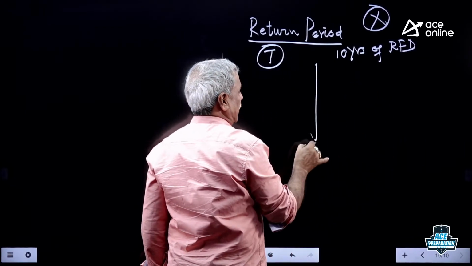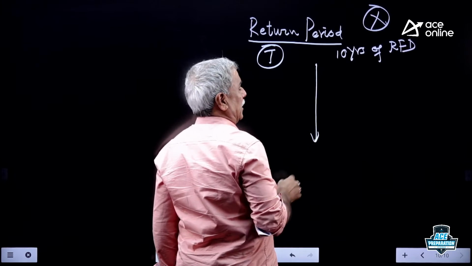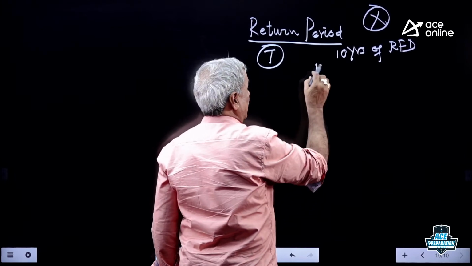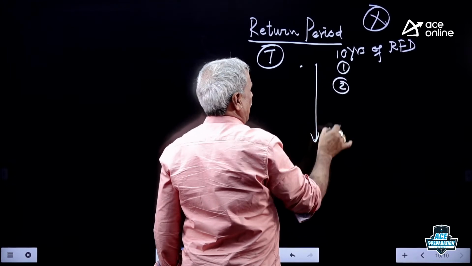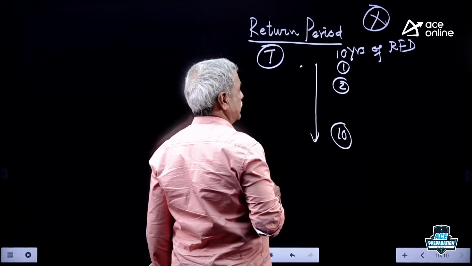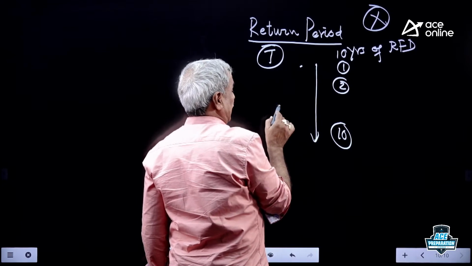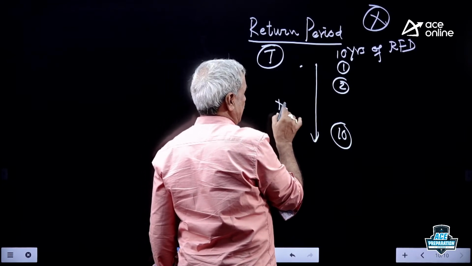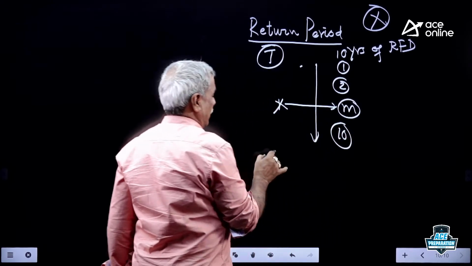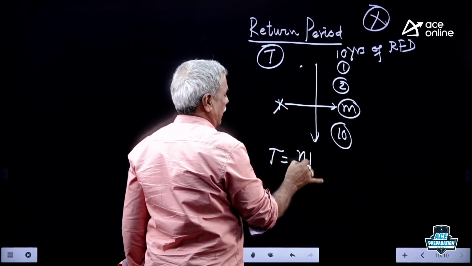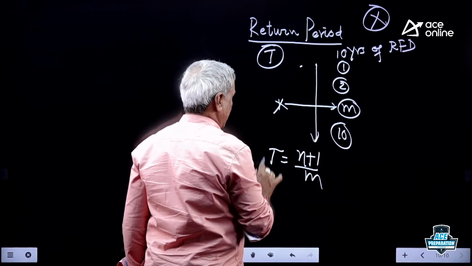Write them in descending order, giving highest rainfall rank 1 up to 10. Whatever is the reference rainfall given to us, observe what is its rank. The return period is given by (n plus 1) by m.